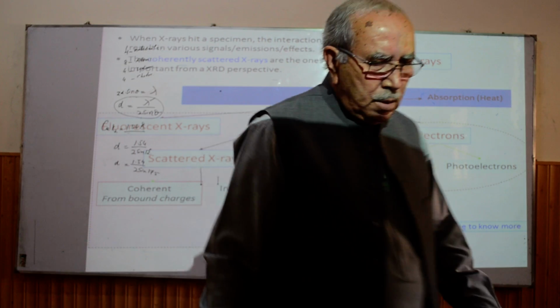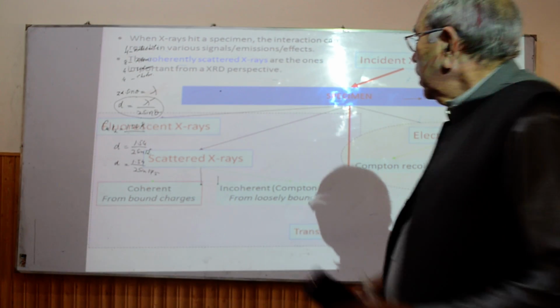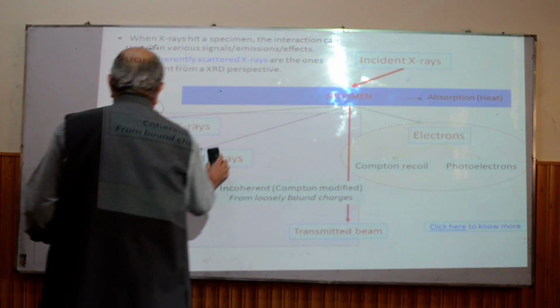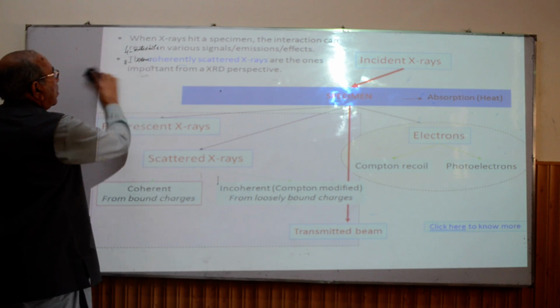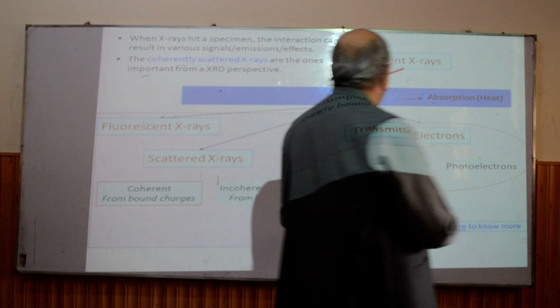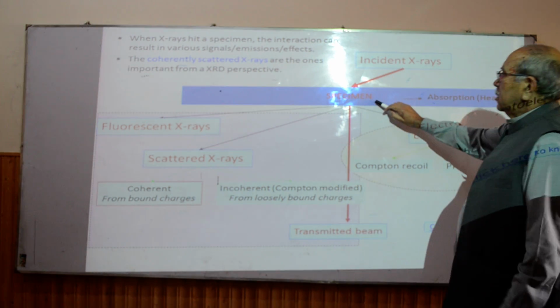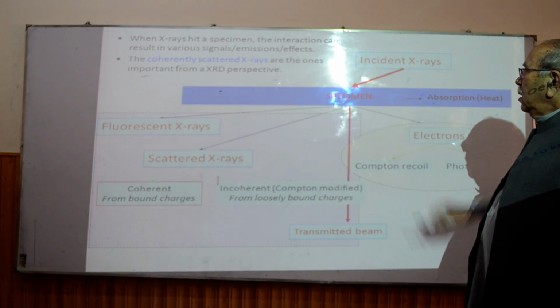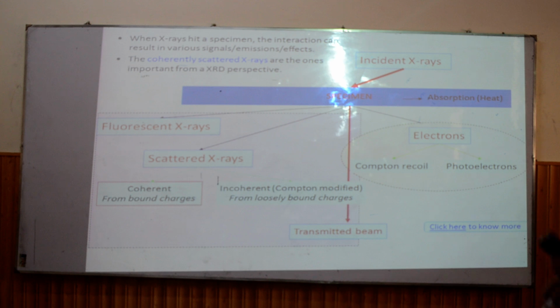Now, basically what X-rays are doing when we throw them on the material, for example, I am using this as a beam of incident X-ray, and this is a specimen. When it interacts with the specimen, it emits or absorbs certain types of radiation.